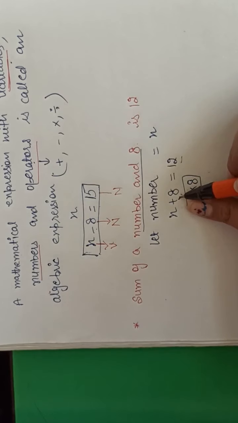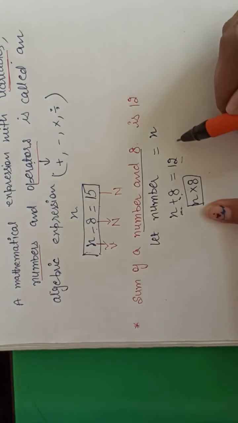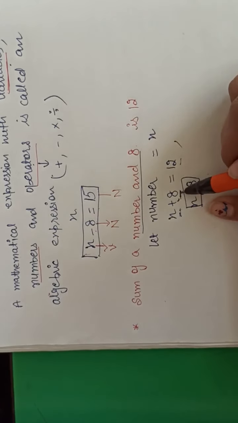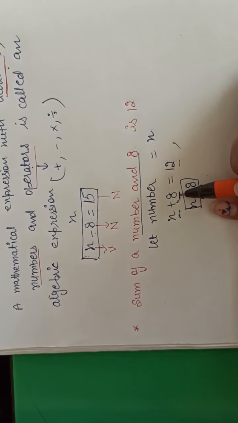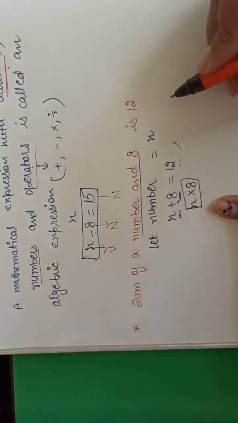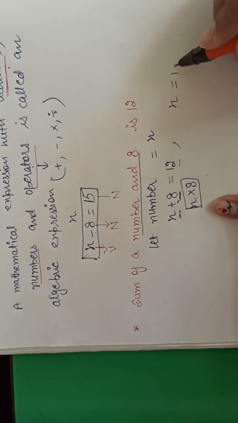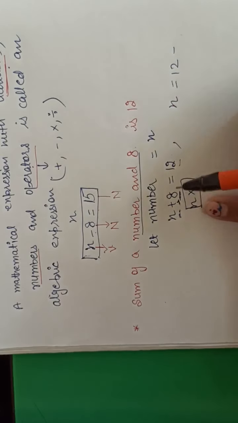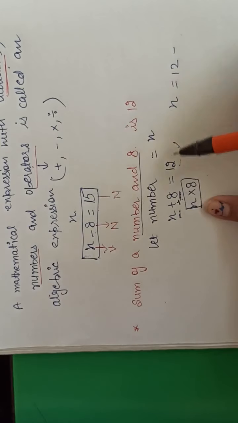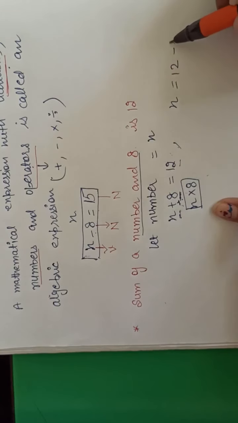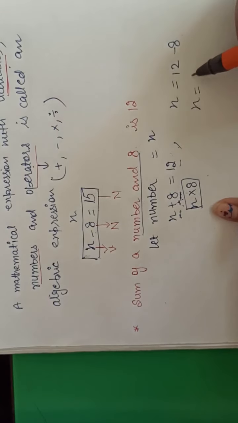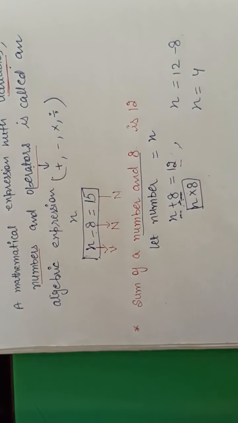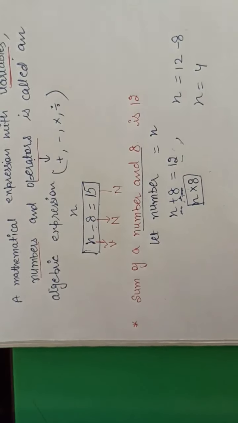So here we can find the value of this variable by taking this number, or you can say constant, to this side, and when you change the side of this number, the operator will also change. From left to right, this plus becomes minus. So x equals to 12 minus 8, 4. Clear?